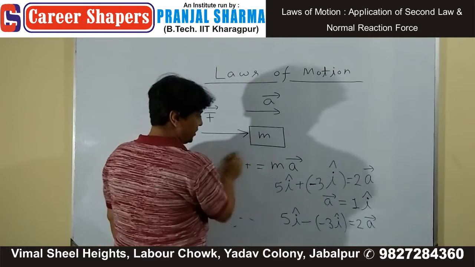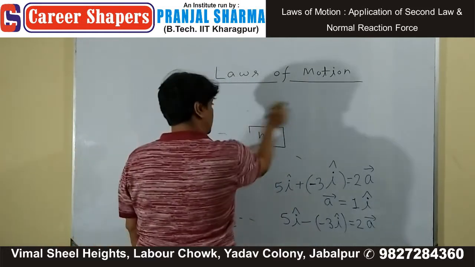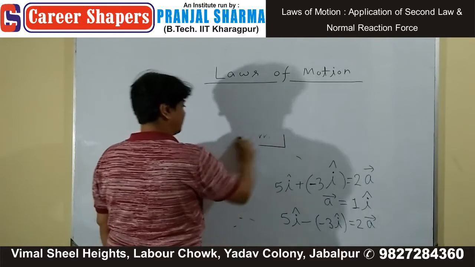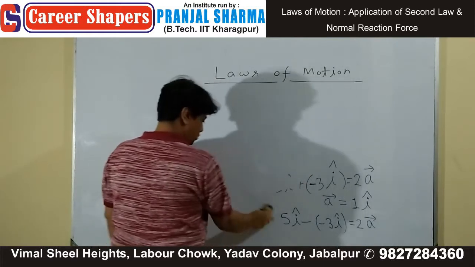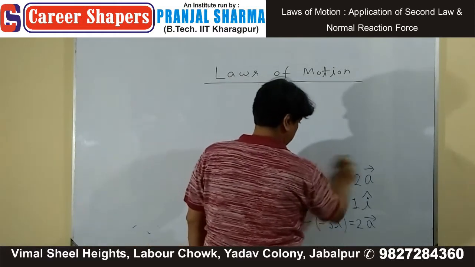Add all the magnitudes which are in the same direction and those which are in the opposite direction, subtract them, and you will get your total acceleration.